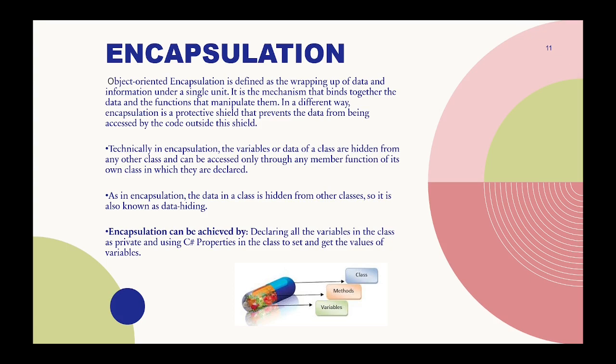As in encapsulation the data in the class is hidden from other classes, it is also known as data hiding. Encapsulation can be achieved by declaring all the variables in the class as private and using C sharp properties in the class to set and get the values of the variable. So we can achieve encapsulation with the get and set methods.